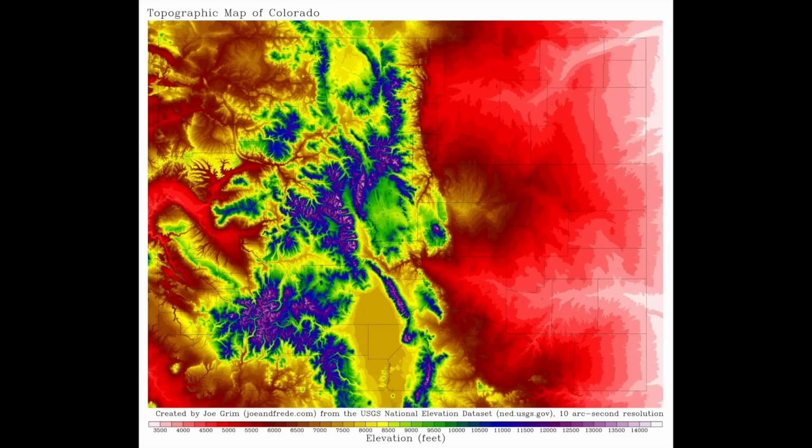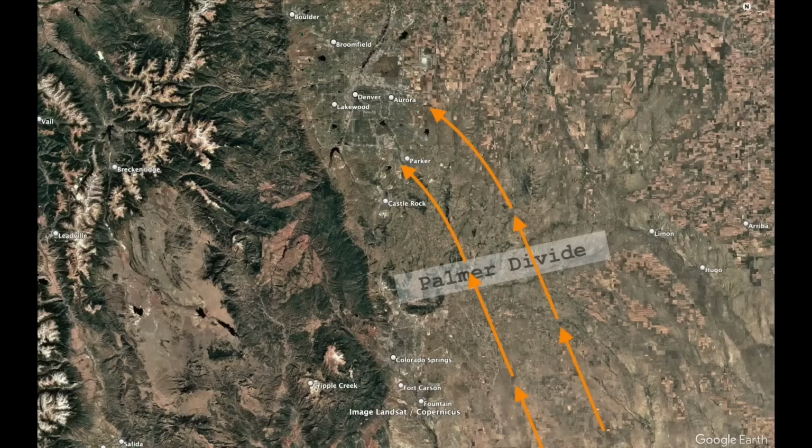The DCVZ occurs when low-level southeasterly winds flow up and over the Palmer Divide, an east-west protrusion of higher terrain just south of Denver. Due to friction, these winds bend toward the northwest and can collide with northwesterly winds flowing down the slopes of the Rockies, creating a convergence zone that's typically situated just east or southeast of Denver.